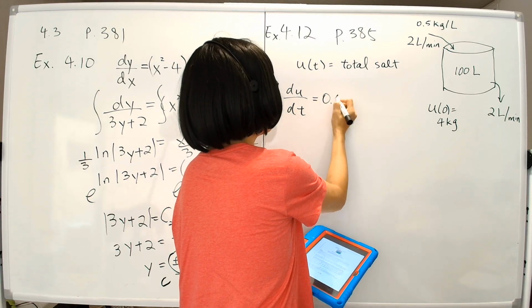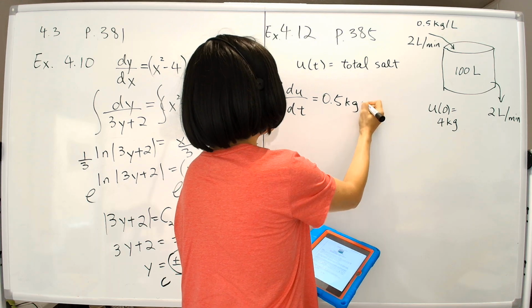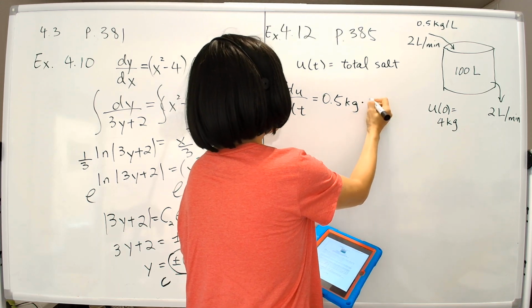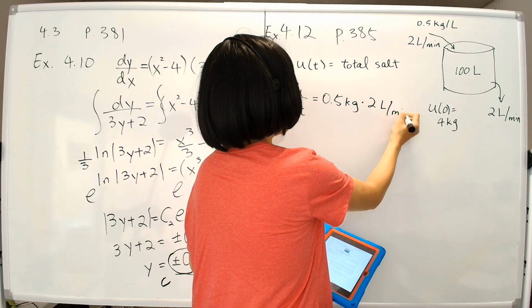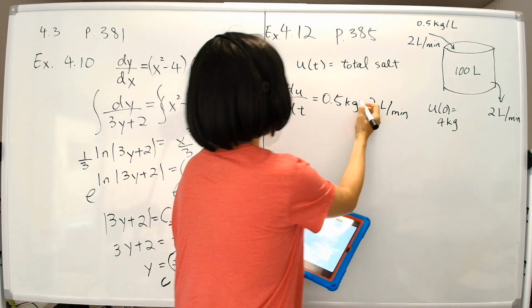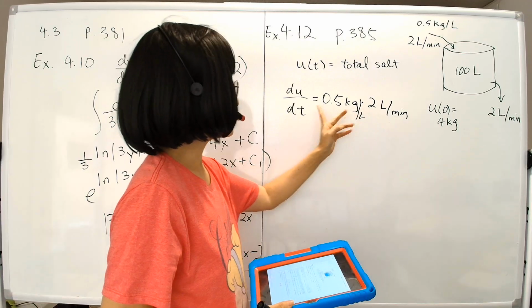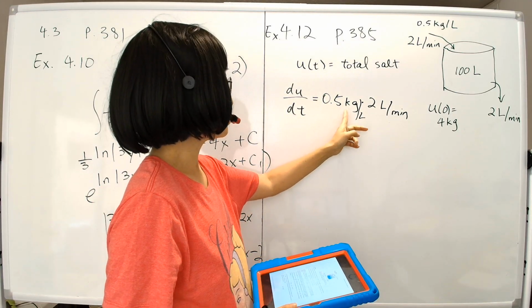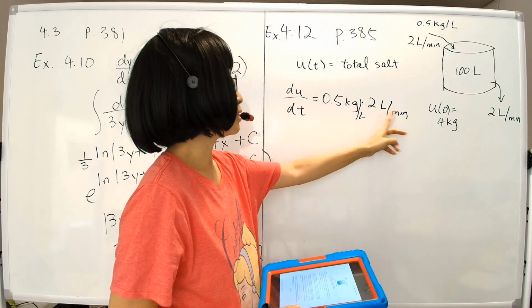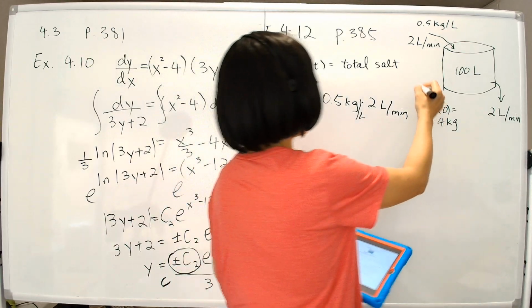So we'll take 0.5 kg per liter times 2 liters per minute. So the rate of change is adding 0.5 kilogram per liter times 2 liters per minute, and that's the going in.